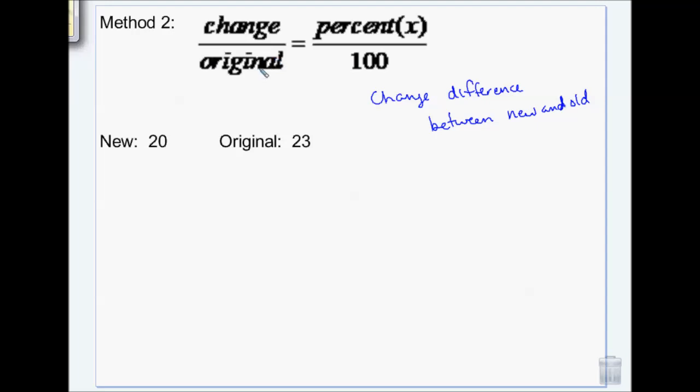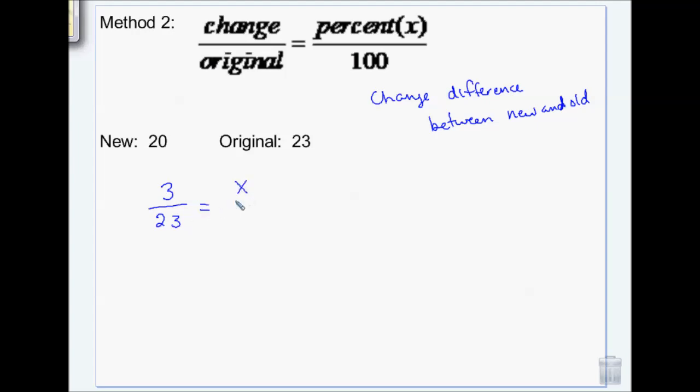And then if the new number was greater than the original number, it was an increase, and if the new number was smaller, it was a decrease. We just always make it positive. So in this case, our change is going to be 3, right? Because there's 3 between the two numbers. I'm going to put that over 23.